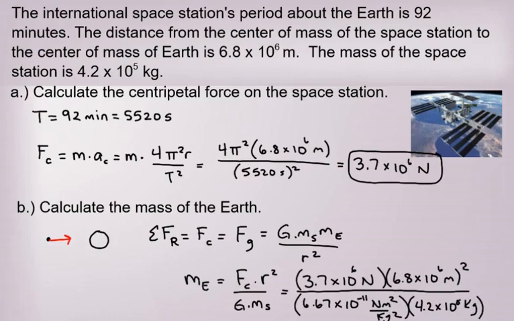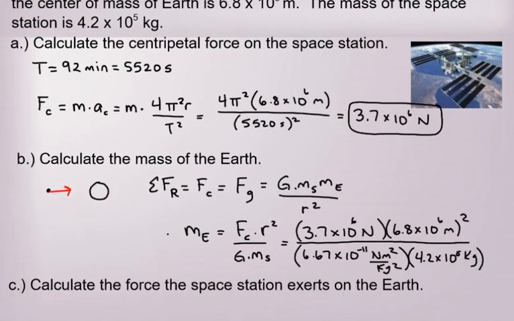And I end up getting that the mass of the Earth is approximately, with a little bit of rounding here, 6 times 10 to the 24th kilograms, which we can look up the mass of the Earth, and it is approximately that. I think they say typically 5.98 times 10 to the 24th kilograms.